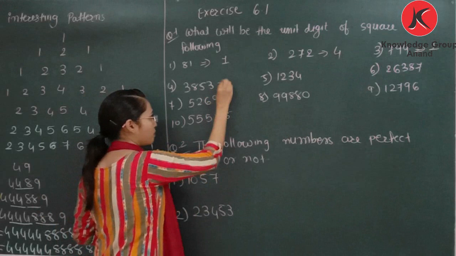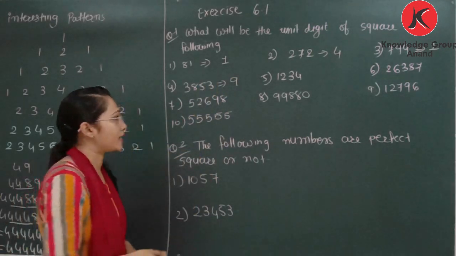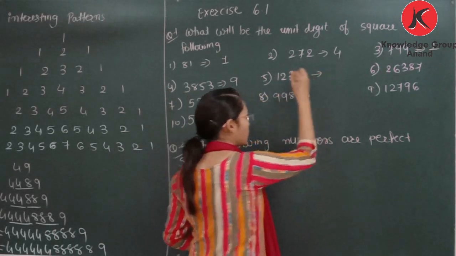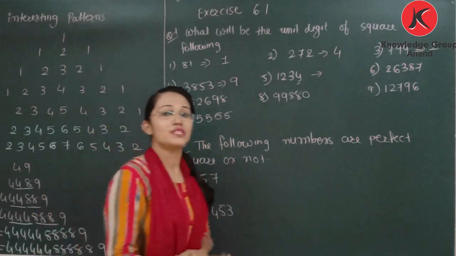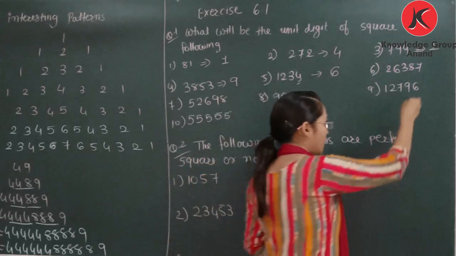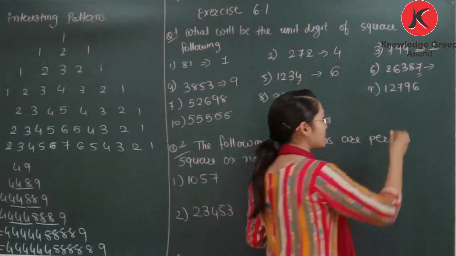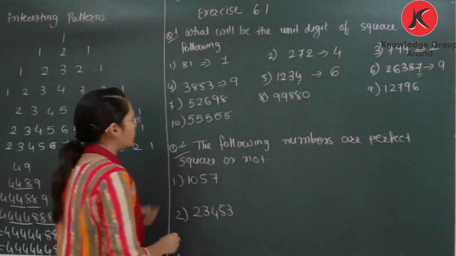So the last digit will be 9, as 3 square is 9. Last digit is 4. So the unit digit of the square of the number is 6, as 4 square is 16. Now 7. So 7 square is 49. So the last digit of the square of the number will be 9.